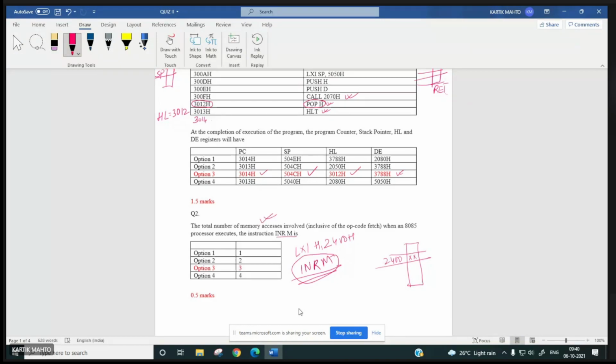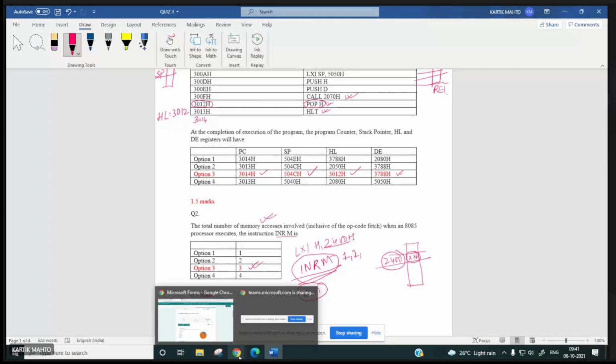Next, the HL pair will be put out, 2400, and this XX will be taken into the ALU, and there it will be incremented. So XX plus 1 will be done inside the processor. So second time memory will be accessed at 2400, and finally XX plus 1 will be returned back to 2400. So 3 times it will be accessed.